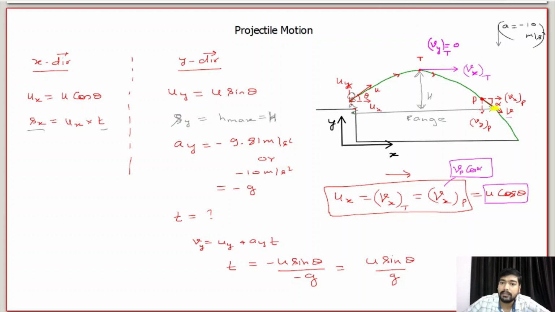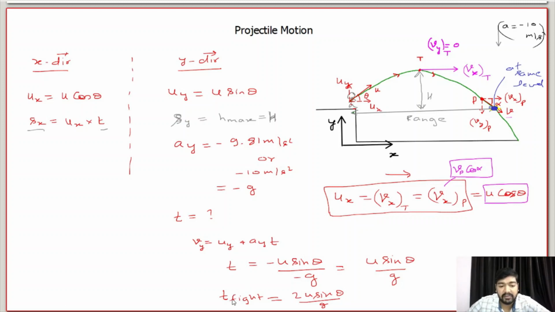The time up to here will be twice that, so I'll take it twice. So the time of flight will be 2u sin theta by g. This is the time of flight, right?